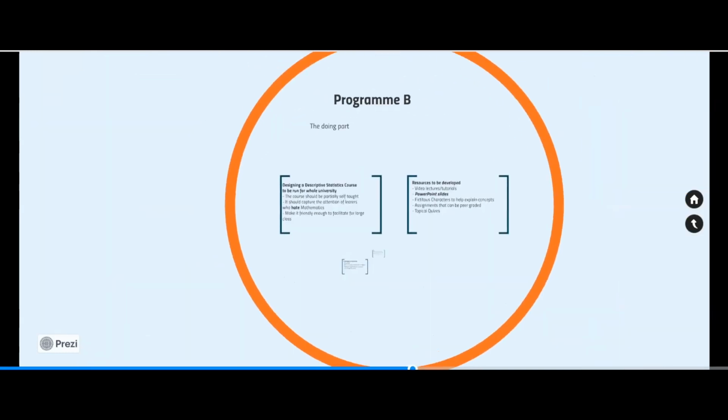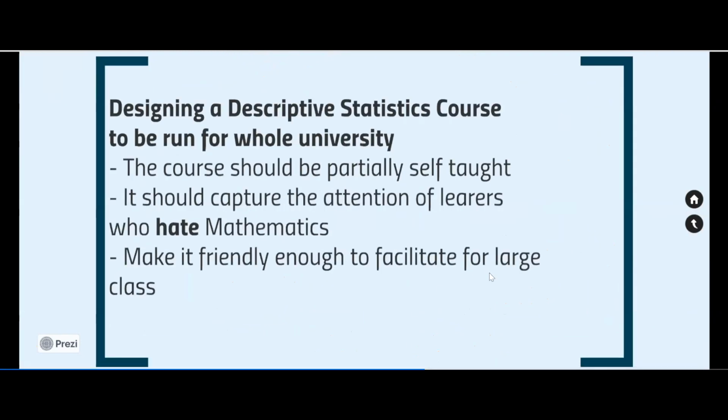So in our second part, we were designing the course, and the course was to run for the entire university. The way we do it as of now, we do it face-to-face, and what happens is that many people sometimes get bored, and also because of that, it cannot be tailored enough to students.